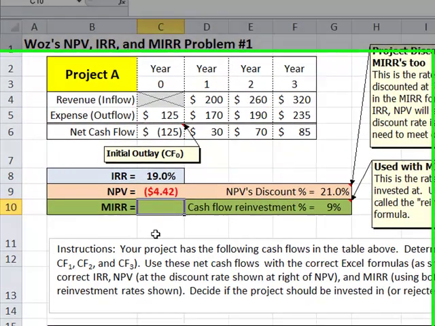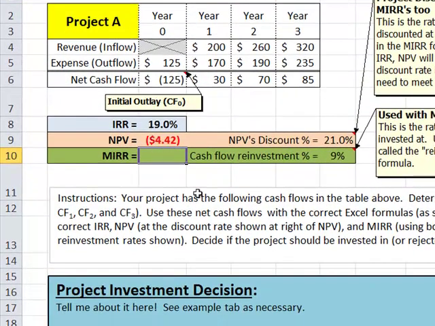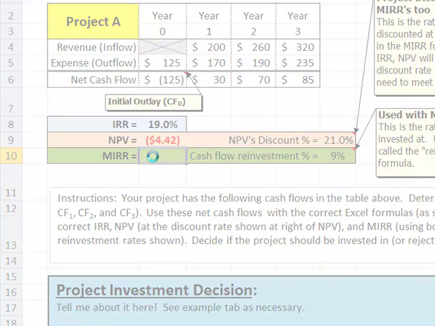Okay. Actually, the project's NPV is negative 442. Or if you use your calculator, it'll be negative 4.415. Again, this is how you do that. If you wish to use the MIRR function, feel free to do so. It's not required.